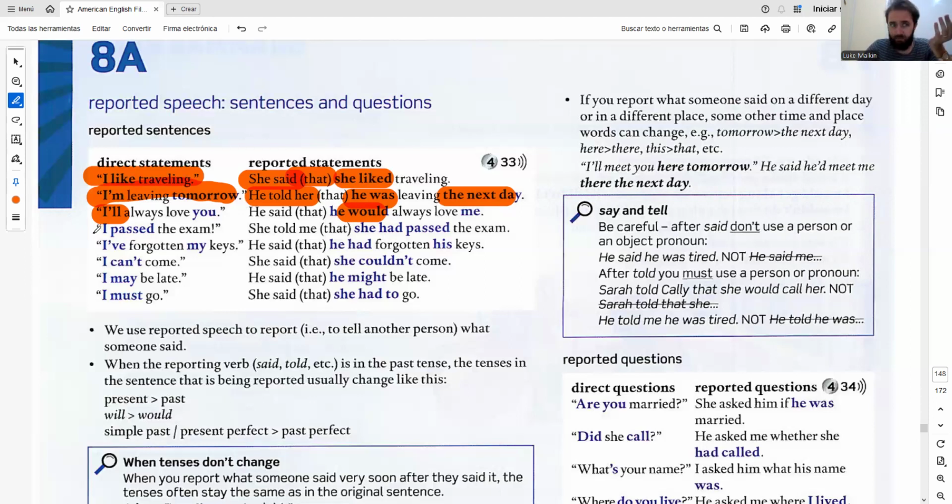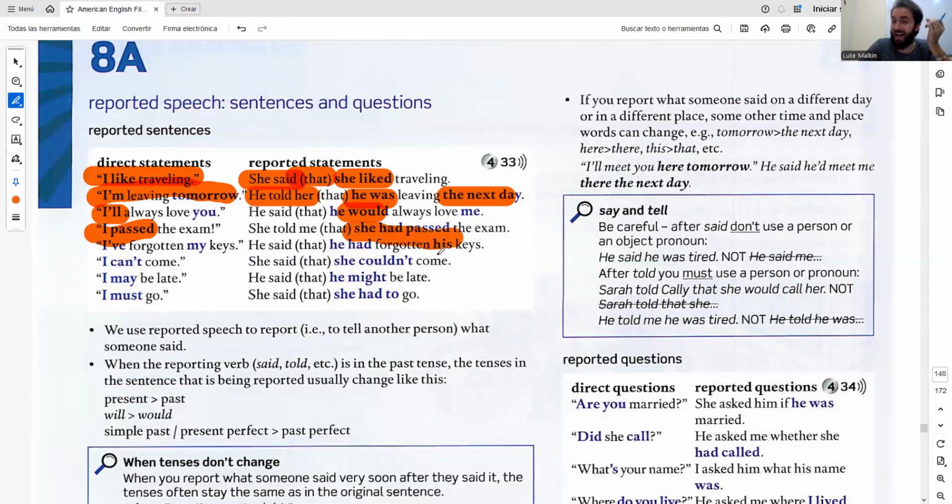But what if the direct statement is in the past simple? I passed the exam. Well, here is why we need the past perfect. Remember the past perfect? The past of the past? Well, here we need it. Direct, I passed the exam.